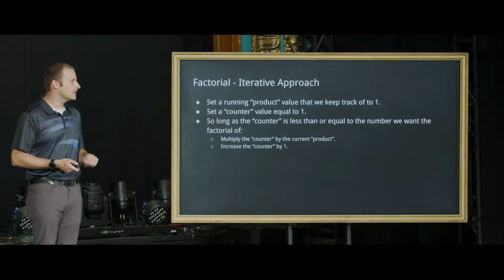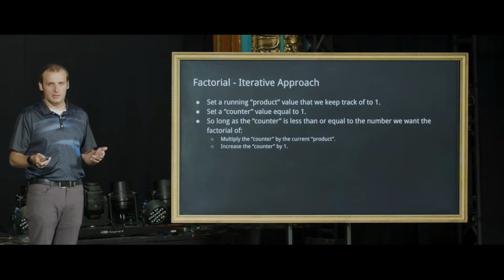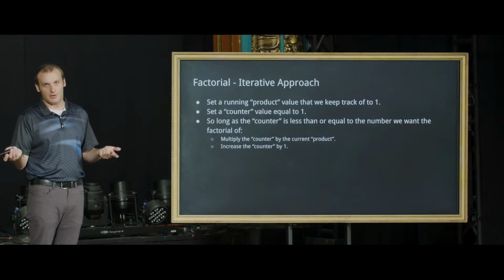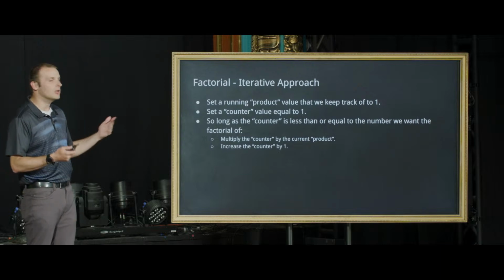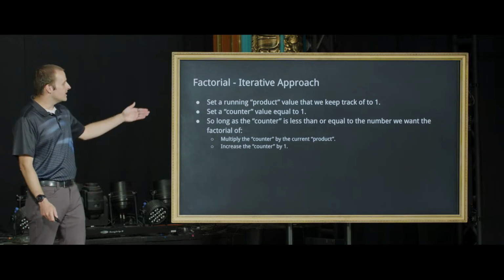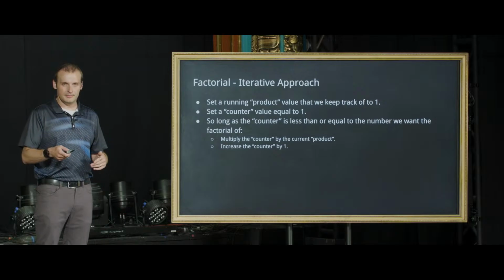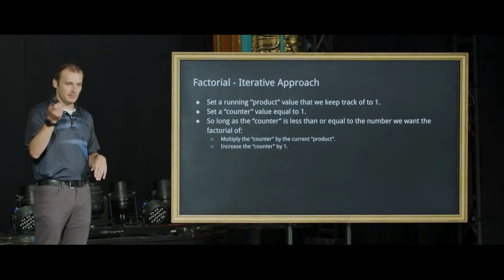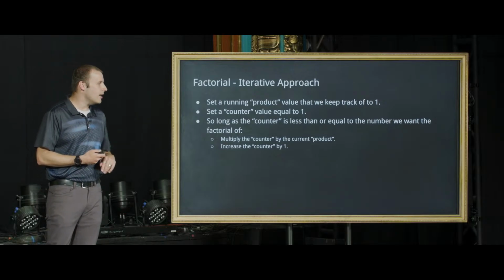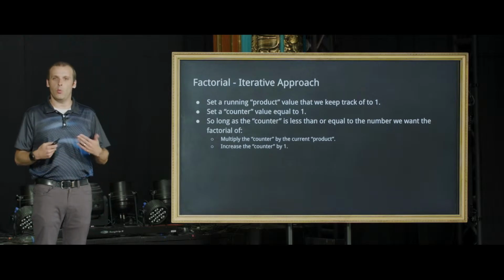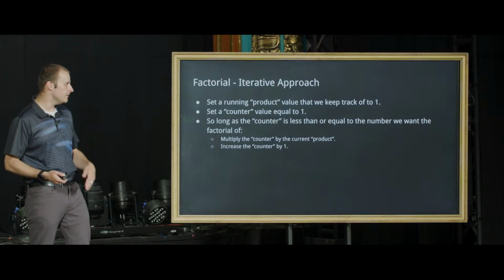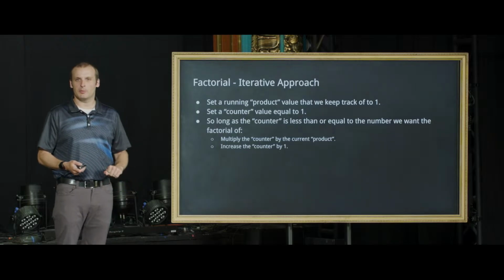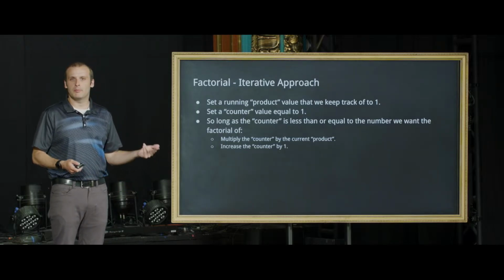Set a running product value that we keep track of to 1, not 0, because if we were multiplying things by 0, they would just go to 0 forever. So we start the value at 1. We set a counter equal to 1, where we're going to start counting up from. And then, as long as the counter is less than or equal to the number we want to calculate the factorial of, we multiply it by the current product and increase the counter by 1.